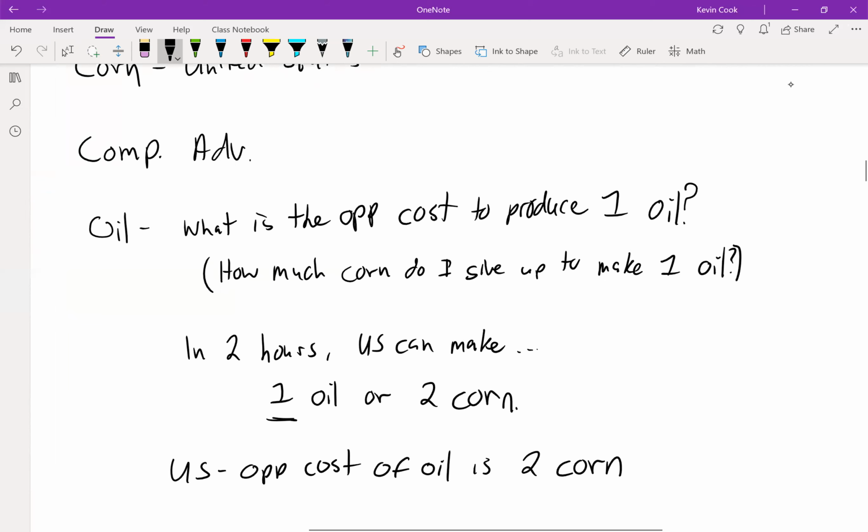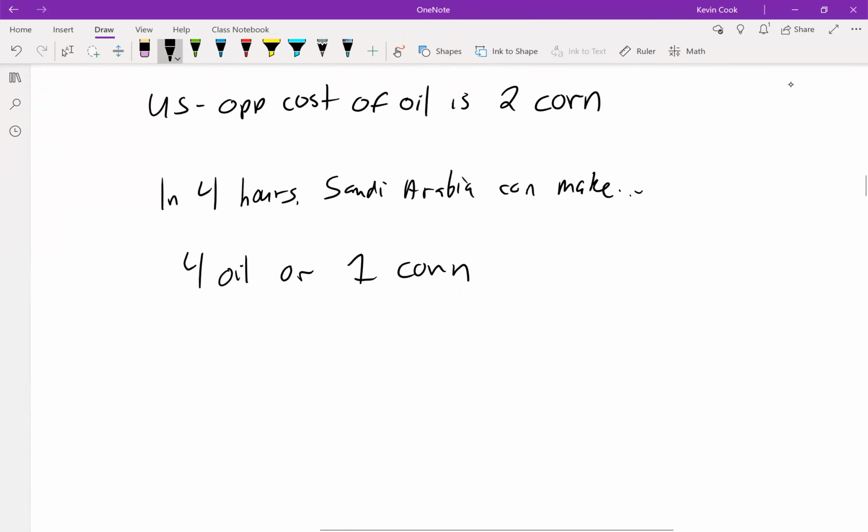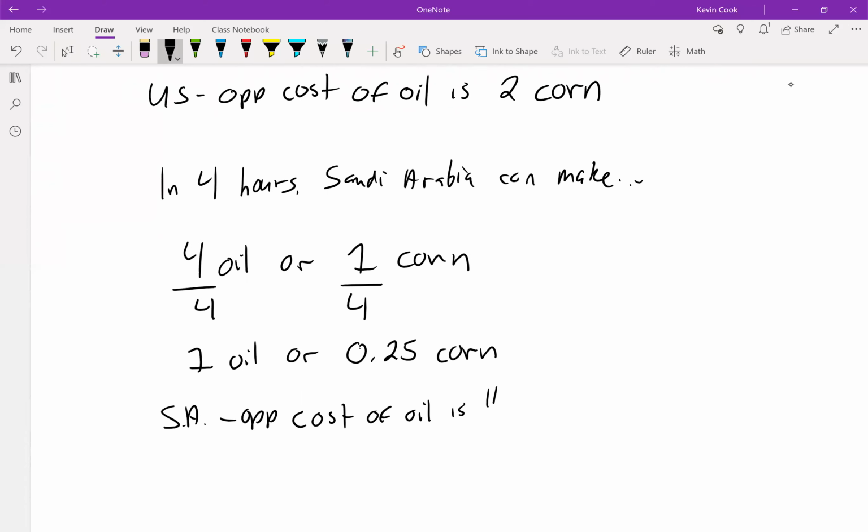So how much corn does Saudi Arabia have to give up to get 1 oil? We can divide each of these by 4, and we get that they can produce 1 oil or a quarter bushel of corn. So in Saudi Arabia, the opportunity cost of oil is 1/4 or 0.25 bushel of corn.